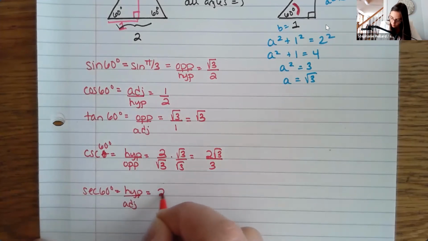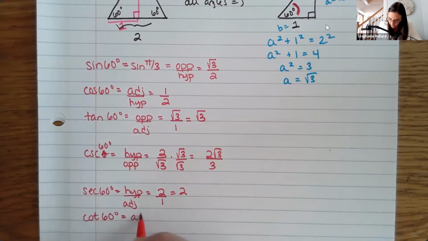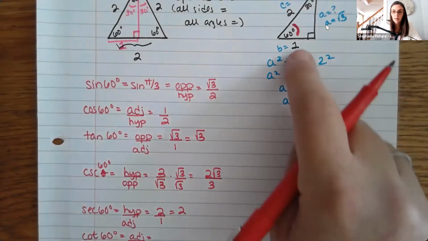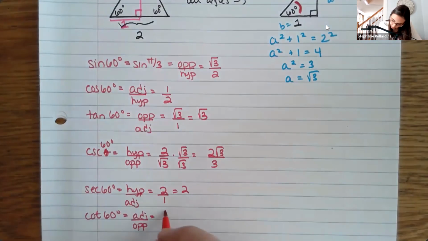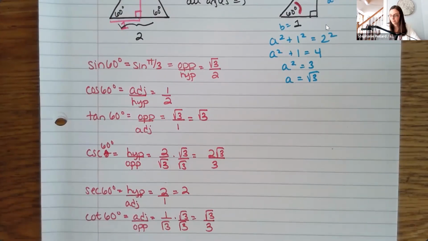So 2 over 1, which is 2. And then finally, my cotangent, adjacent over opposite. So let's see, my adjacent is 1 and my opposite is root 3. And root 3 over 3.